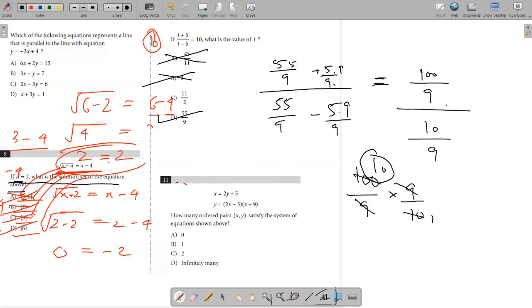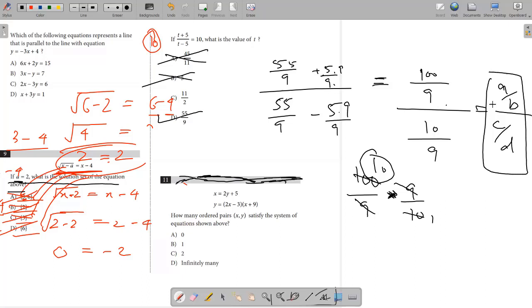I was about to say, since it's 100 over 9, can't we put that in multiplication? So 100 over 9, and then we could do 10 over 9. 10 over 9 is in the denominator, so it is a type of A over B divided by C over D, right?